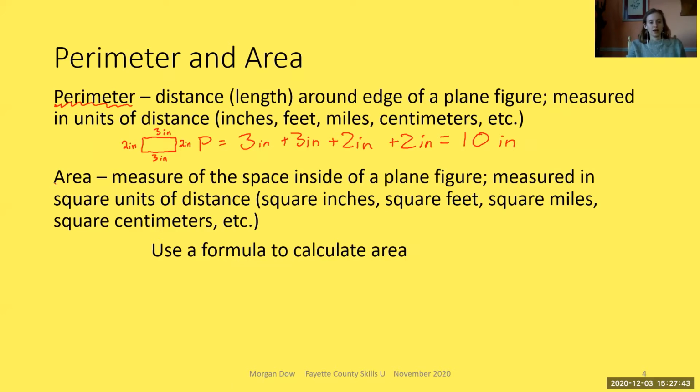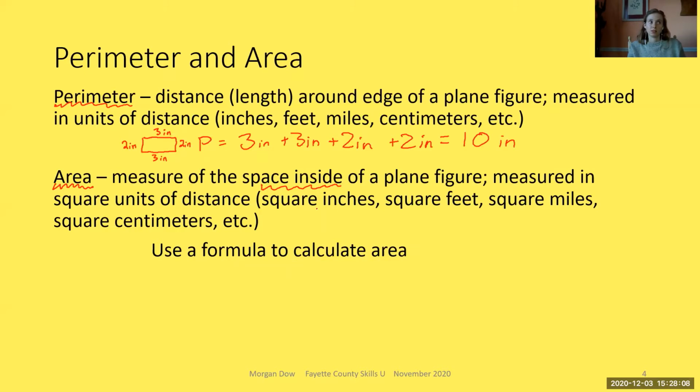All right, and next we have area, another very common measurement that we might take for a shape. An area is a measurement of the amount of space inside of a shape, inside of a flat shape. And this is always measured in square units of distance. So you might be familiar with this from if you've ever been apartment hunting or house hunting.